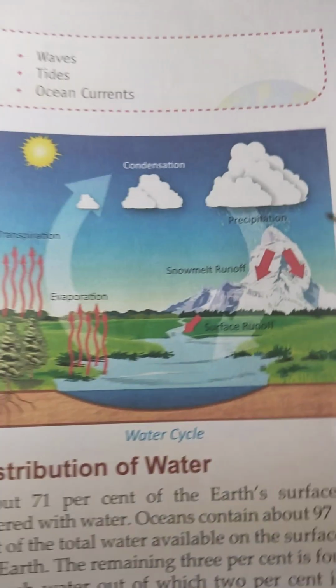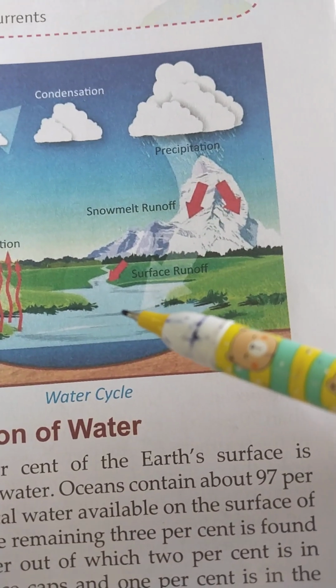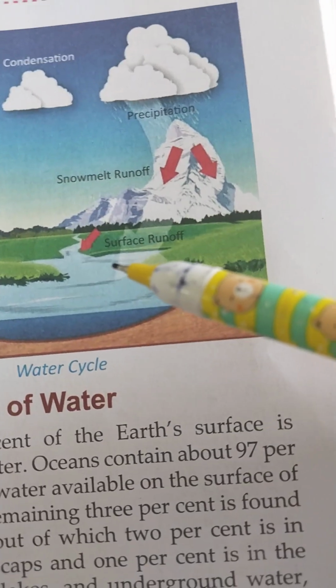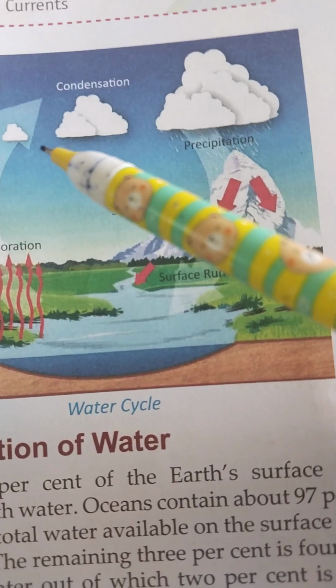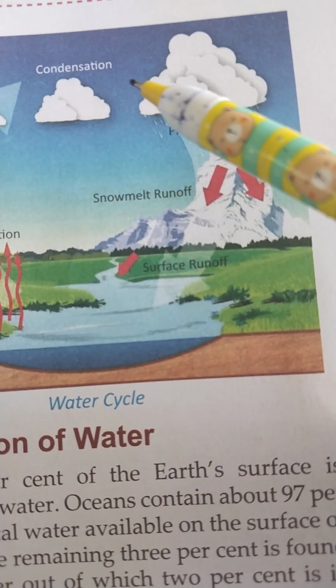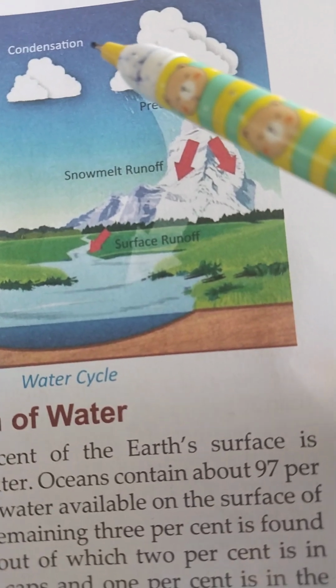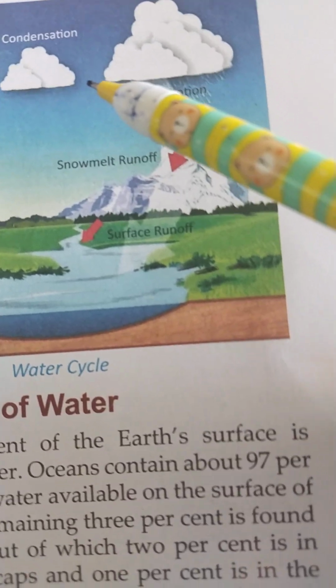Now let us understand this with the help of this diagram. In a water cycle, children, what happens? The water in the rivers, seas, ocean gets evaporated and rises above into the atmosphere, where it cools down and condenses.